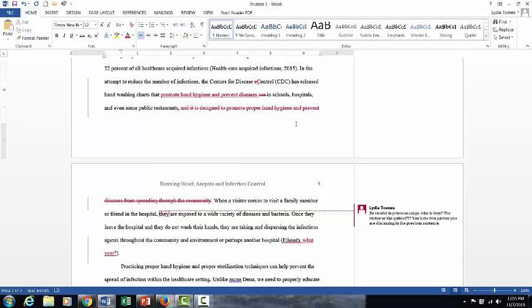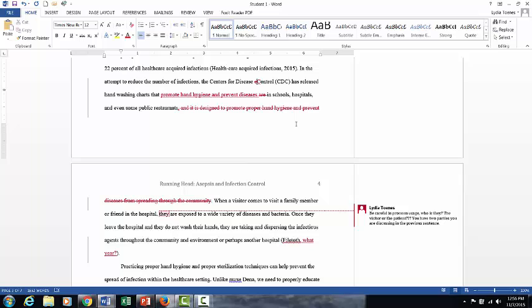Because I read your papers out loud, and so will Dr. Garrett. In the attempt to reduce the number of infections, the Center for Disease Control has released hand-washing charts that are in schools, hospitals, and even some public restaurants. And it is designed to promote proper hand hygiene and prevent diseases from spreading through the community. Whew, that's a lot. That's too much of a mouthful.